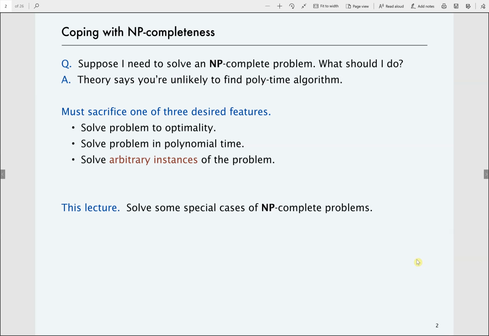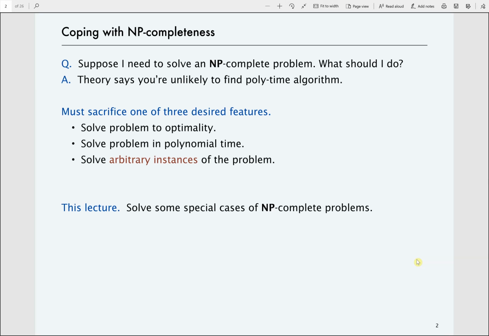As I said, there are many interesting NP-complete problems that we need to deal with in practice. What NP-completeness says is that in the worst case, we cannot expect to solve these problems in polynomial time. But it doesn't say that all instances of these problems are not efficiently solvable.